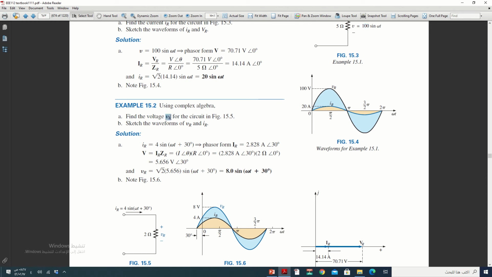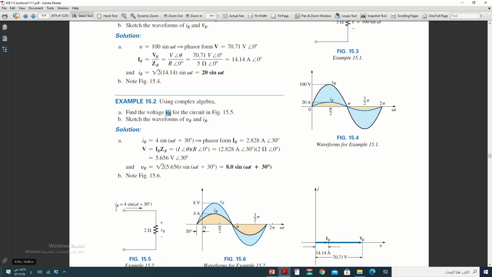Now we need VR. This means the given information is IR, which is 4 sine omega t plus 30. Plus 30 means minus 30. This means the current starts from minus 30. Okay, the current starts from minus 30 here. Let us find the phasor form.